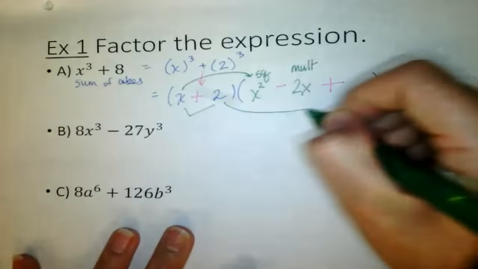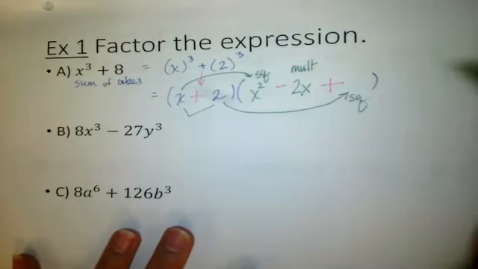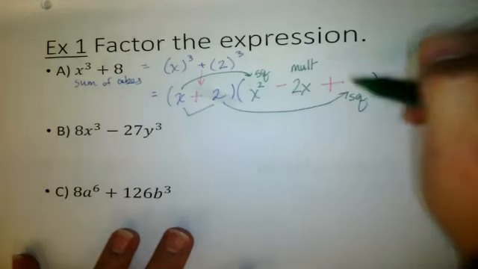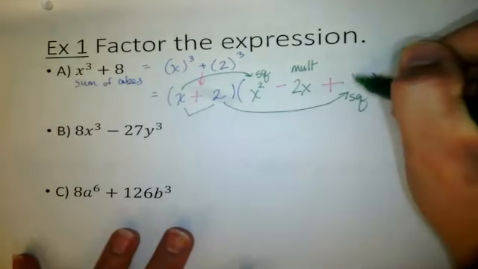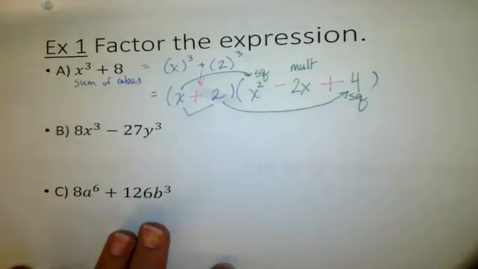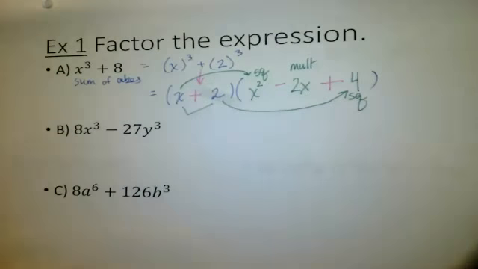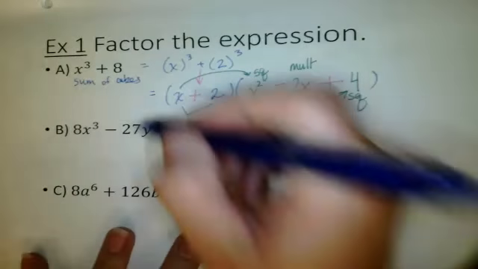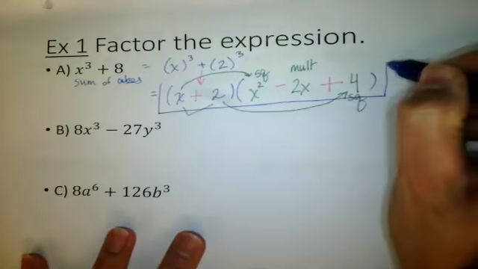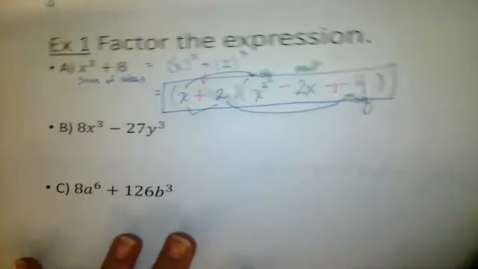And square the last thing. That's why it's always positive, because you're going to square it. And 2 squared is 4. Square the first, multiply in the middle, square the last. That's it. That's just one of the patterns that you have to memorize, unfortunately.